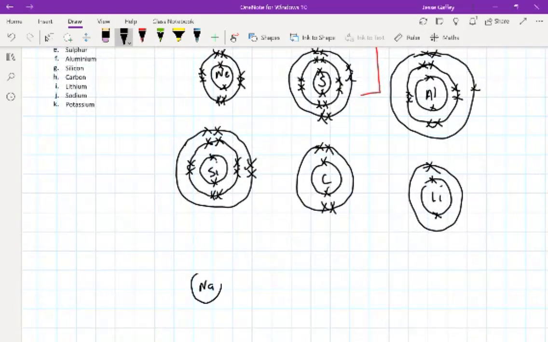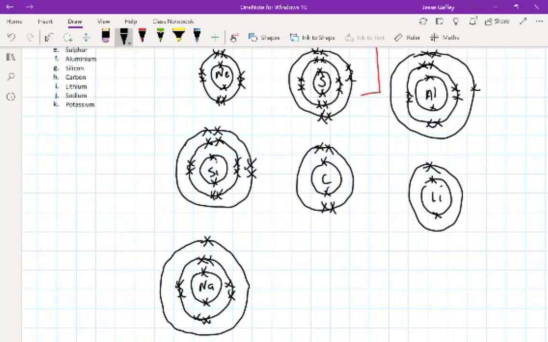Sodium, 2 in the first shell, 8 in the second shell. Sodium has 11 electrons altogether. That's 10 drawn so far, so it's got 1 more and it goes into the third shell.